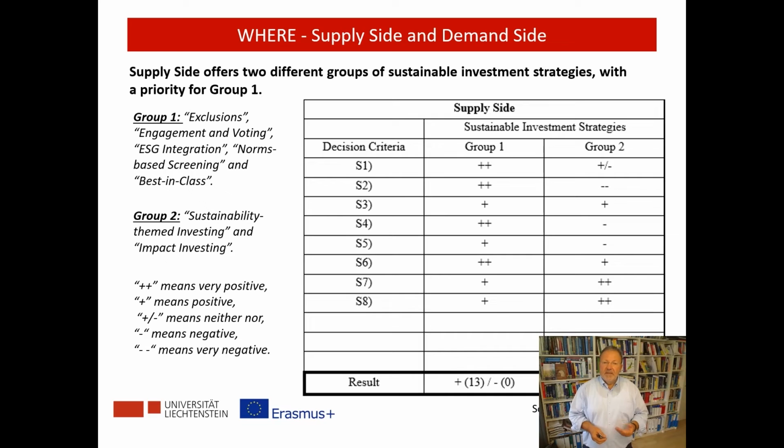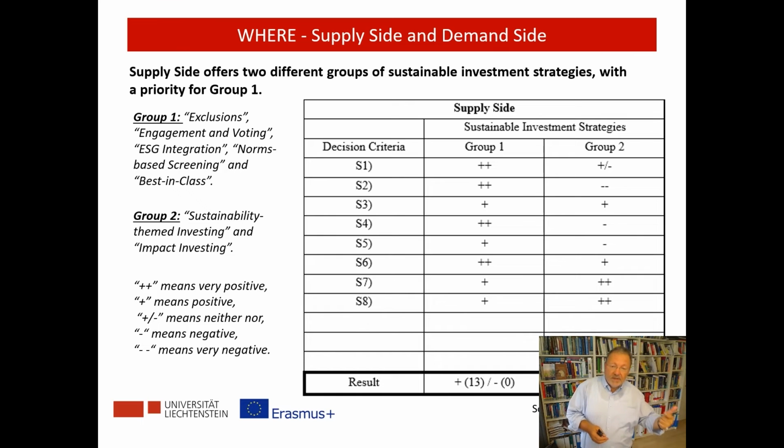Now, supply side offers two different groups in sustainable investment strategies with a priority for group 1, if you see. So what I did here is, for the supply side, I went through the goals of the supply side, and for group 1 and group 2, which means group 1 is the investment strategy exclusions, engagement and voting, ESG integration, norms-based screening and best in class.